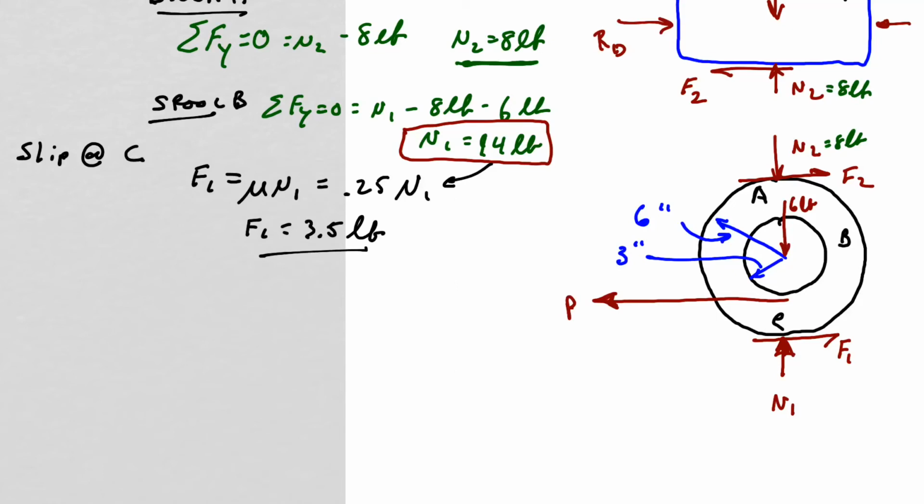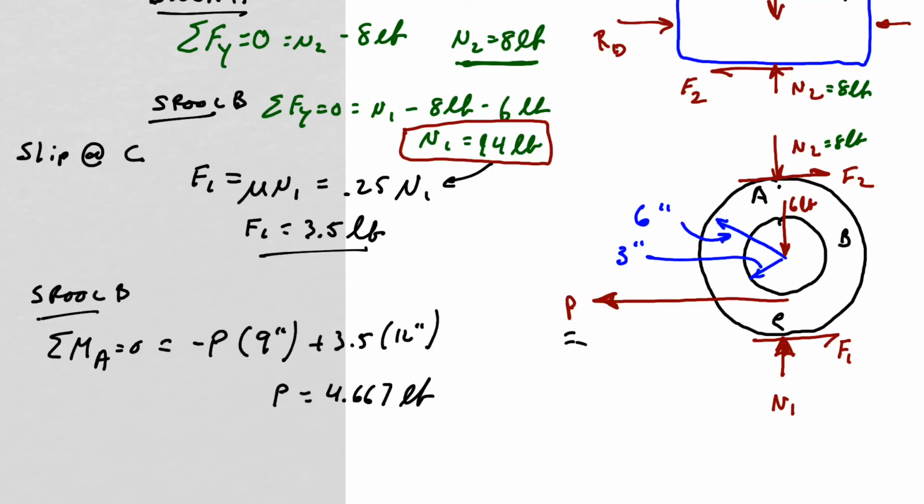Okay? If we have impending slip at C, now we can solve for P easily by summing moments at A, right? We don't care about that frictional force up there. We can then solve for P. So let's, on spool B yet, sum moments at A and see what we get for P. So if we sum those moments at A, we see that we have P times 9.